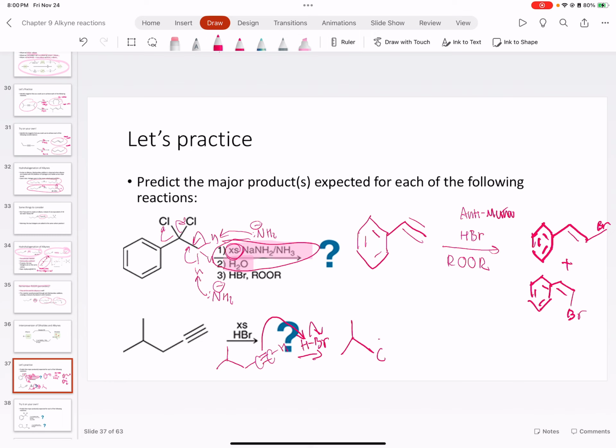See, this one's more substituted, positive. I'll get my carbon here, hydrogen. My hydrogen will go this side. We're technically breaking that triple bond. So then our bromine is all by itself. That bromine that left, technically we get a bromine in here. The negative bromine is gonna attack this side.